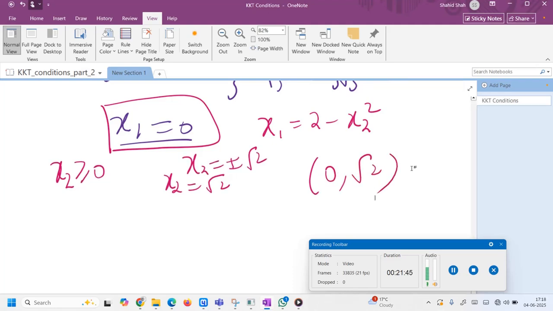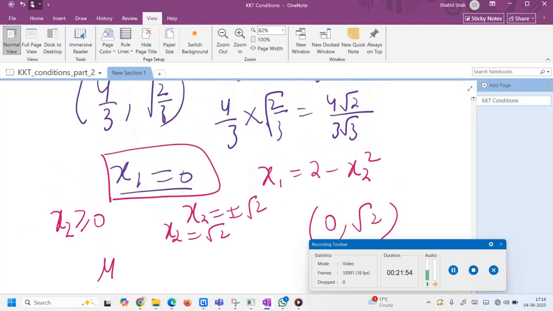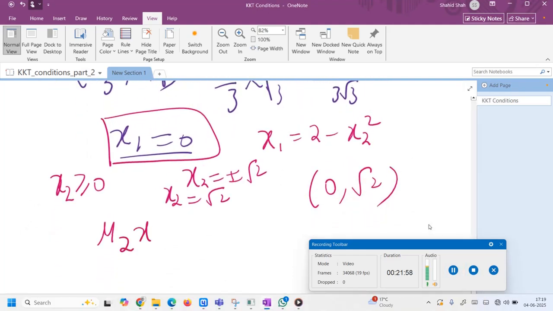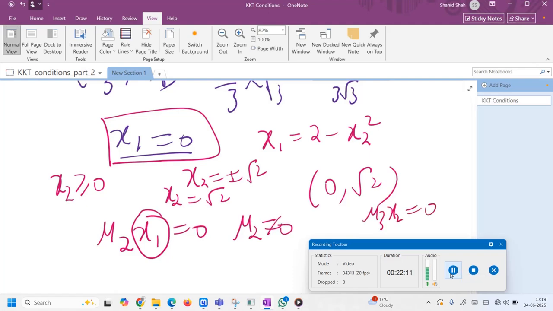But let's see whether the other conditions will be satisfied. You need to check the condition mu2 x1 is equal to 0. But given that x1 is 0, mu2 cannot be 0. And what about mu3? mu3 x2 is equal to 0, but x2 is not 0, so mu3 has to be 0.